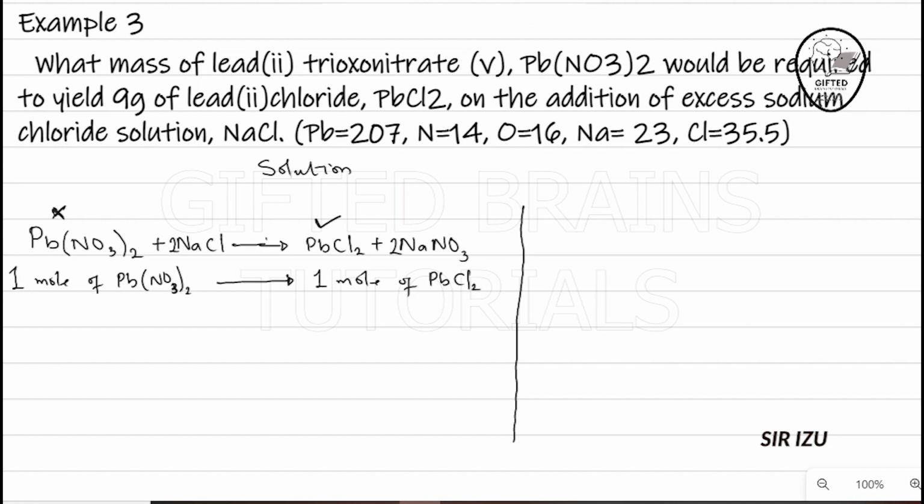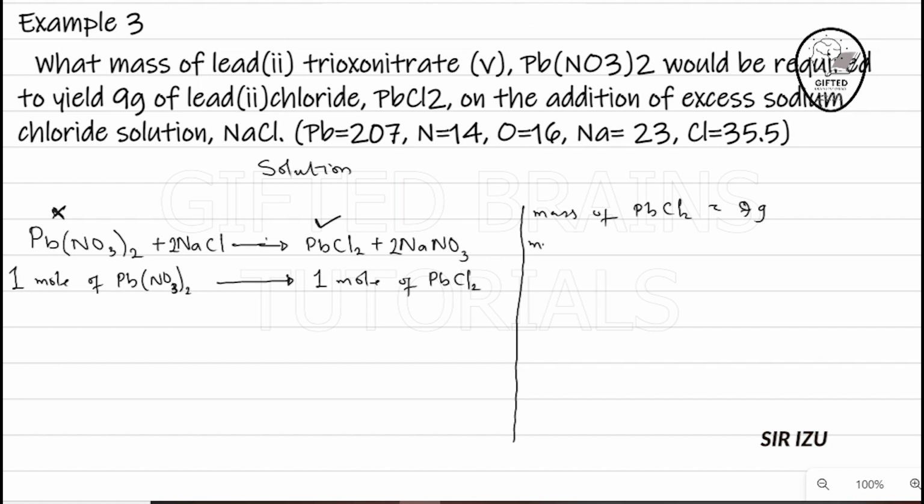Now, the next thing is what is given to us. We are given 9 grams of lead(II) chloride. So the mass of PbCl2 is 9 grams. I need to get the mole of that.